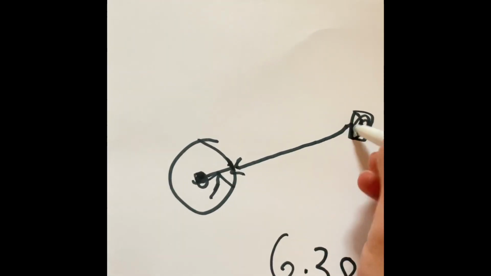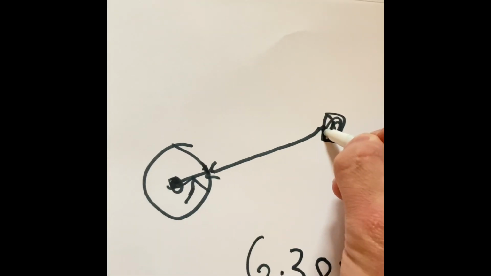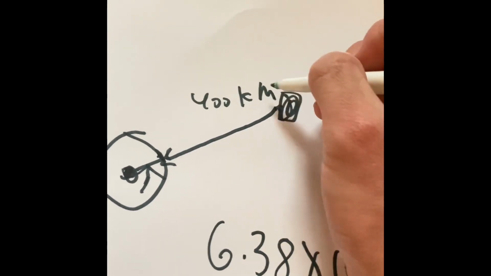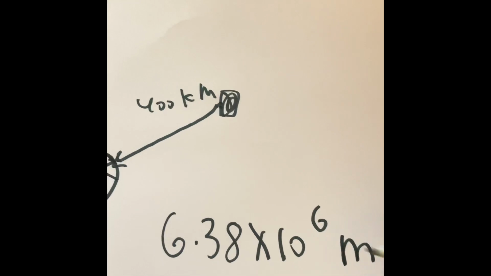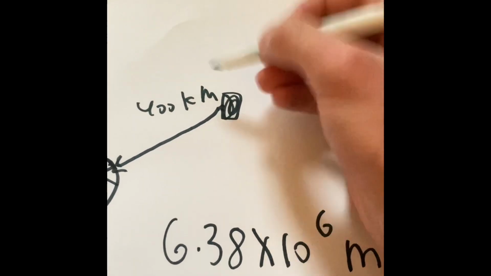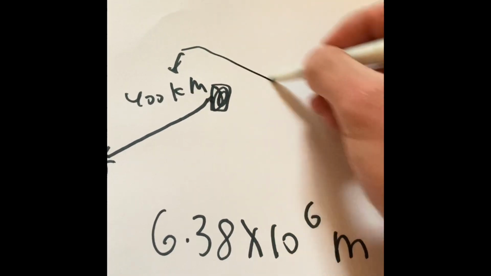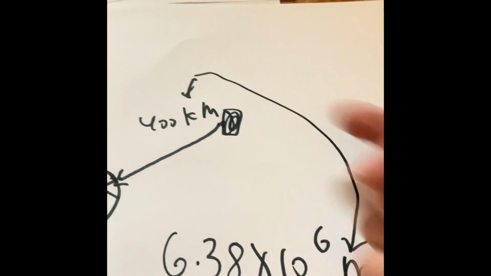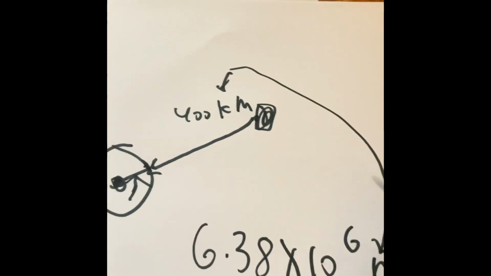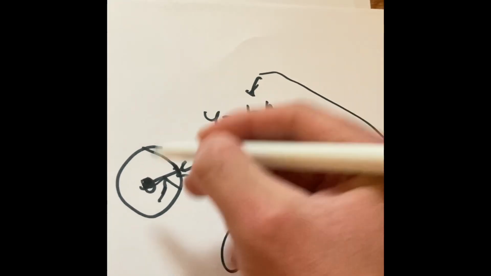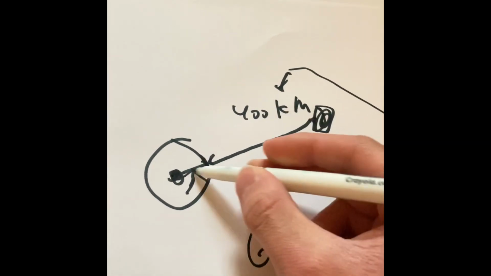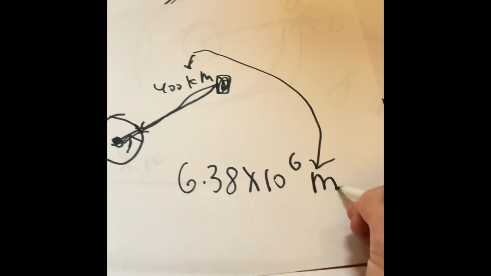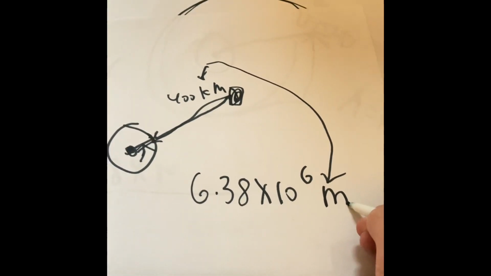And from here to there, we said the Top Hat space station was 400 kilometers. So we are going to have to add the two. But the problem is they're in different measurements, kilometers and meters, so we have to find a way to get them the same. Then we can add them to find the distance between the space station and the central part of Earth.